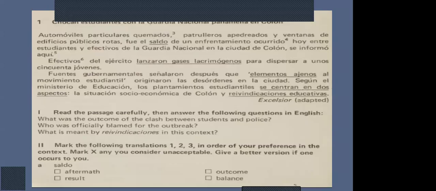Then we have efectivos. That's our number 6. That must definitely go in the glossary. What was your rendering for efectivos? That could be military personnel, but that could also be army ranks, because it's efectivos del ejército.